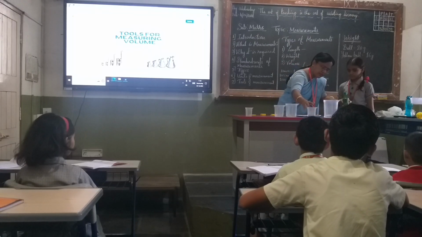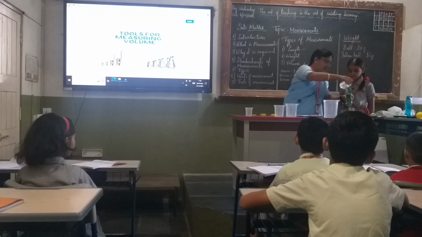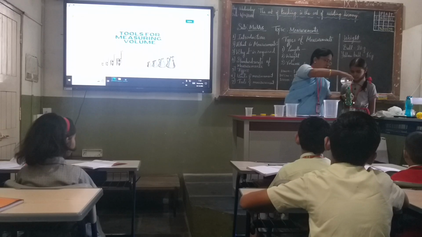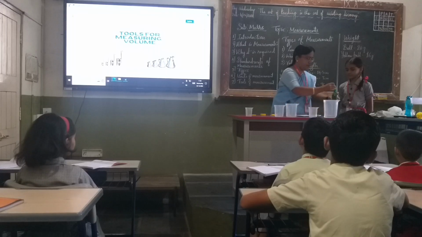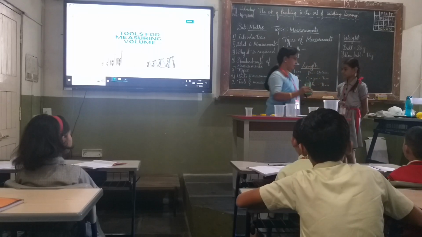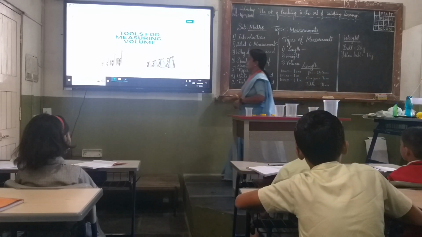Jyoti, can you see the measure here? It is 50 ml, and this measuring jar is 200 ml. It means the water in this bottle is how much? 250 ml. Very good. So like this we can measure all the liquids. Okay, thank you, Jyoti.